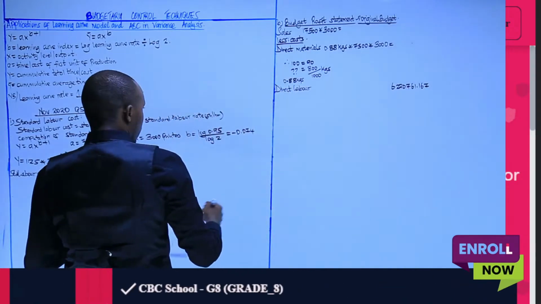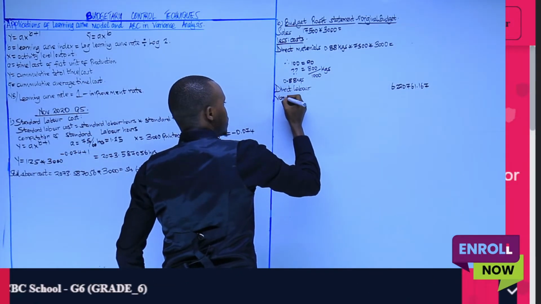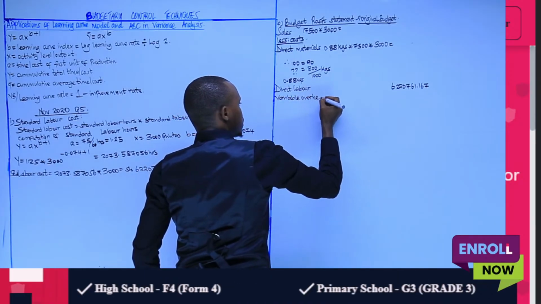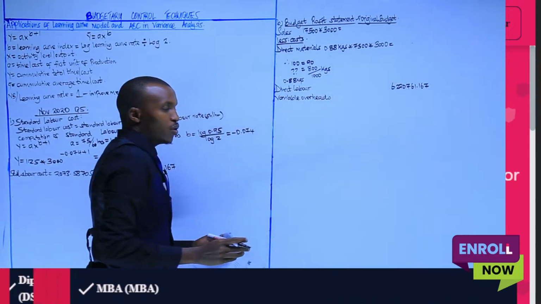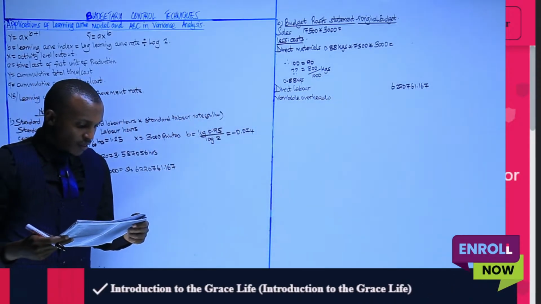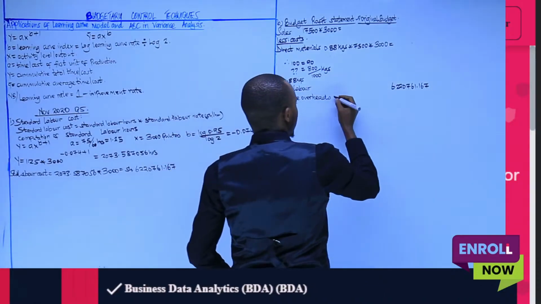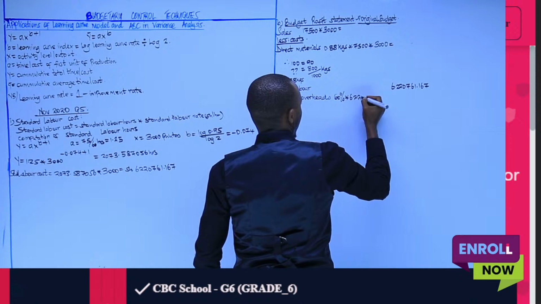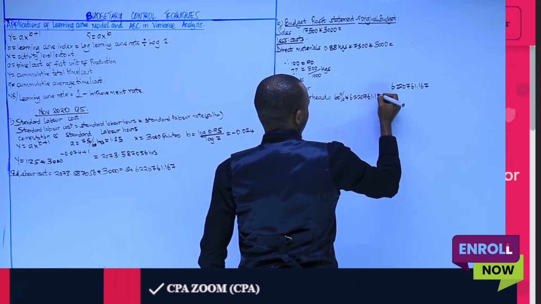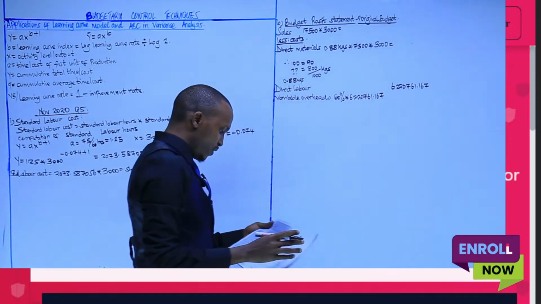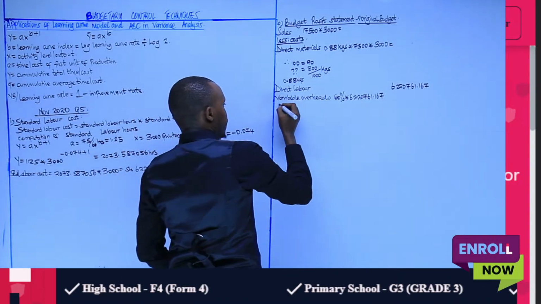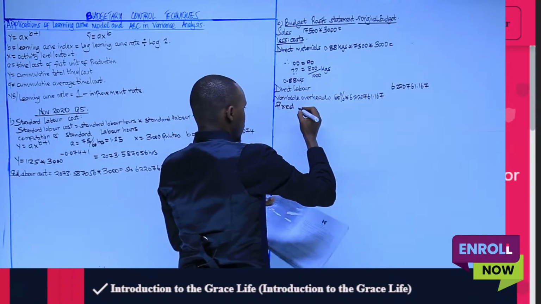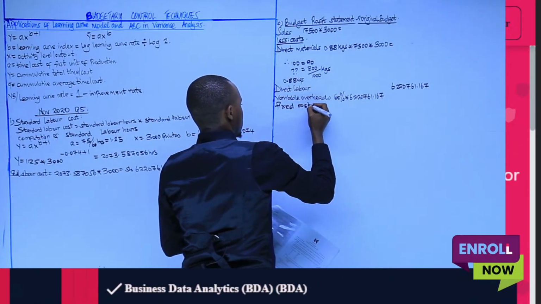Then you did also have variable overheads, where they were saying they are 60% of direct labor. So 60% of direct labor on 67. Then lastly, you had fixed overheads, or fixed costs attributable.